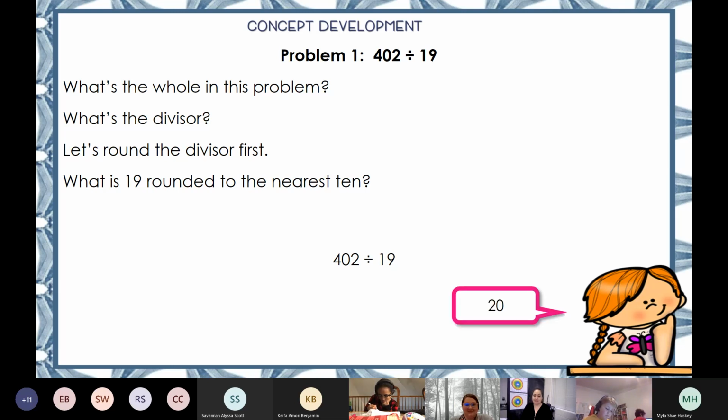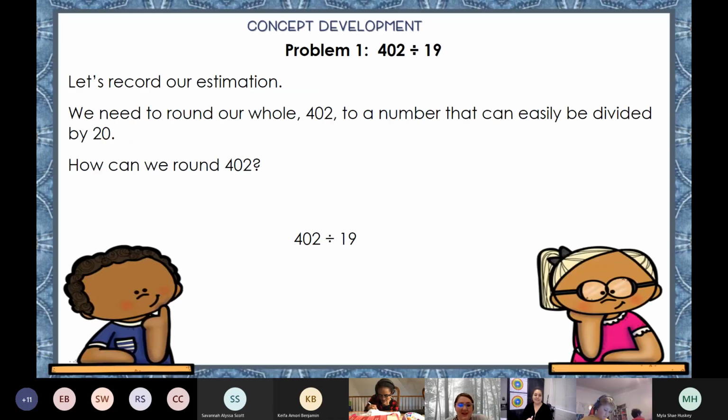Perfect. Yes, we will round it to 20. We are doing such a great job already. I really like how Ellie restated that question when she answered. That was an awesome job, Ellie. So now that we have rounded our divisor, we're going to round it to 20, right?